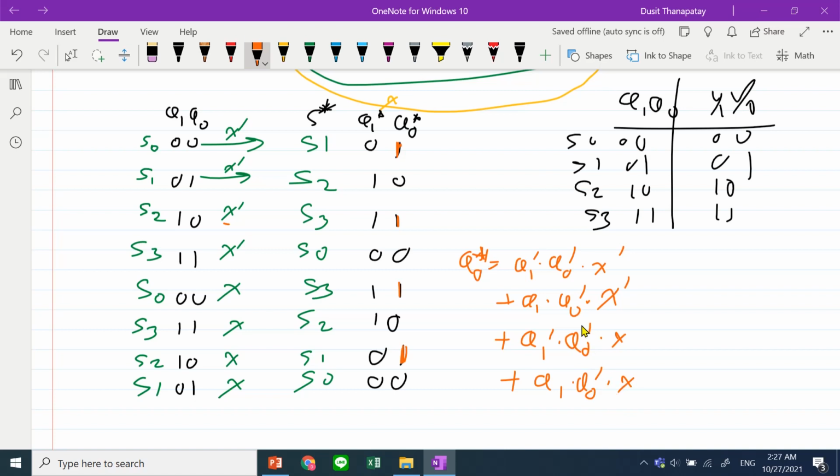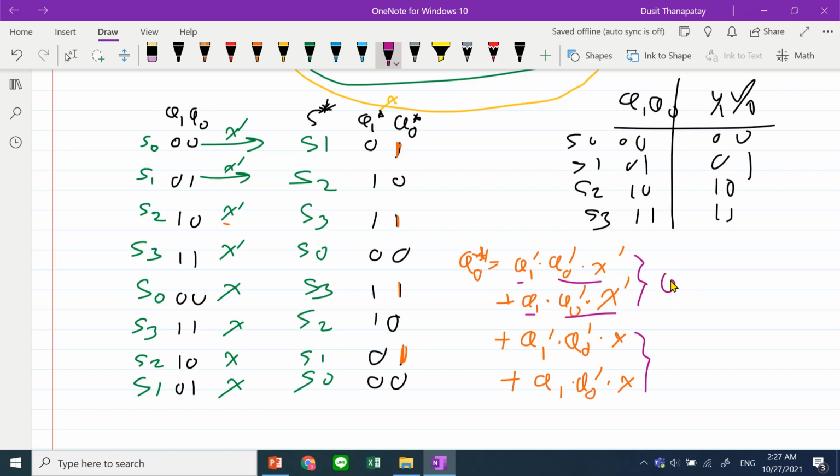After that, combine this term to minimize the number of variables and product terms. You can combine this, right? They differ in one variable, and this part is the same.